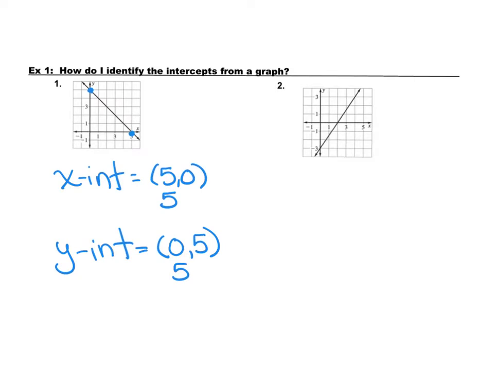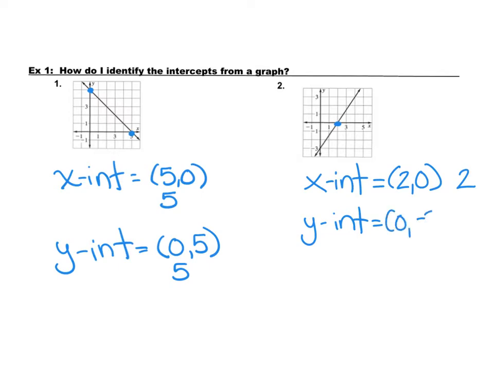All right, so our next one, our x-intercept and our y-intercept. We're looking at our x-intercept then at 2, 0, or we might just write it as a 2. Our y-intercept is at 0, negative 3, or we could say negative 3.